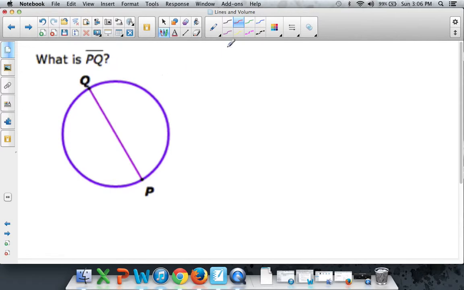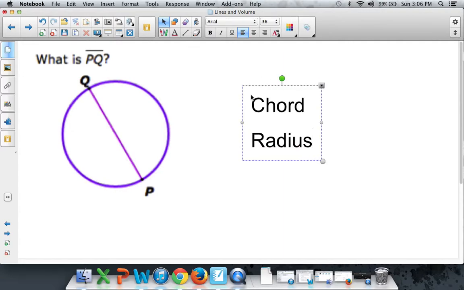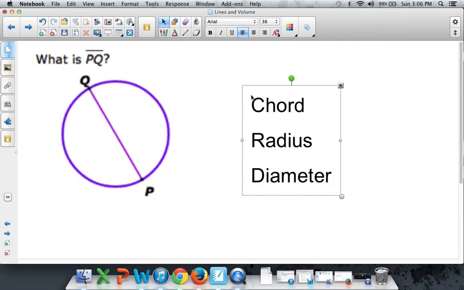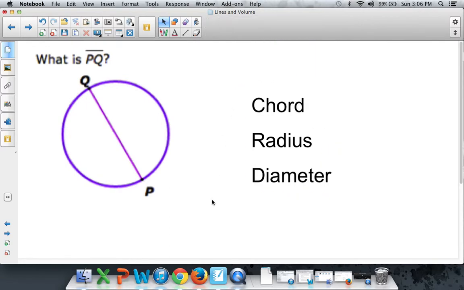What is PQ? Well, PQ is this line that goes through this circle right here. Before, I told you three different things: chord, radius, and diameter. Those are the fancy circle line names that you have to know. A chord goes from one part of the circle to the other part.